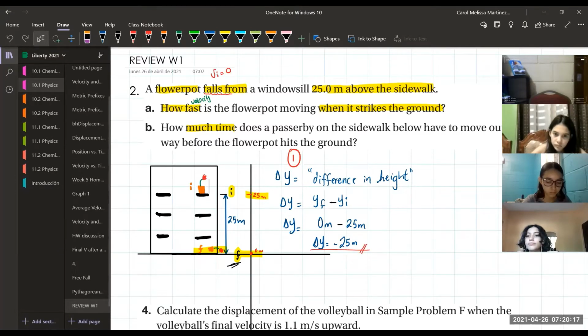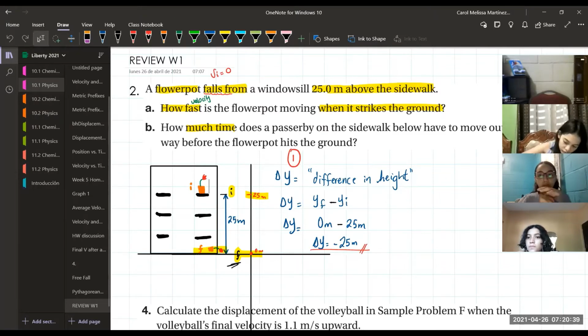Now, there's another way to do it without the formula process. That is just analyze where the object was in the beginning and where it was in the end. The object initially was above, or was below. So you have to analyze.